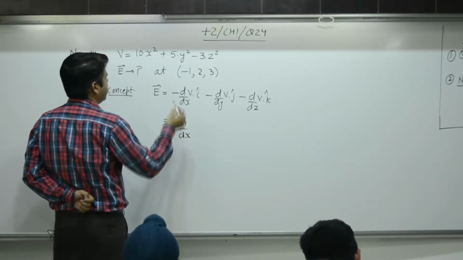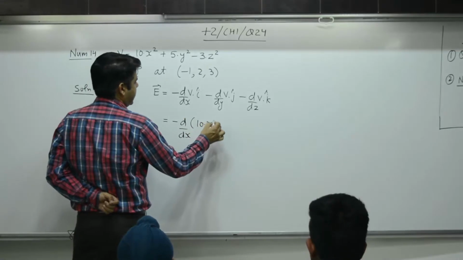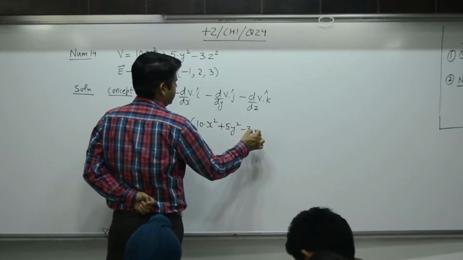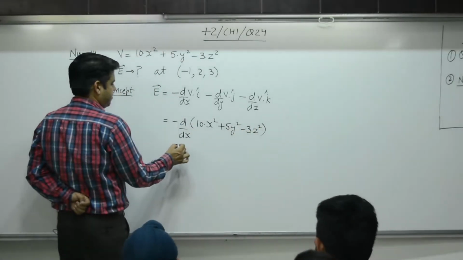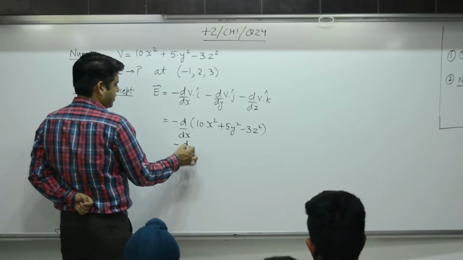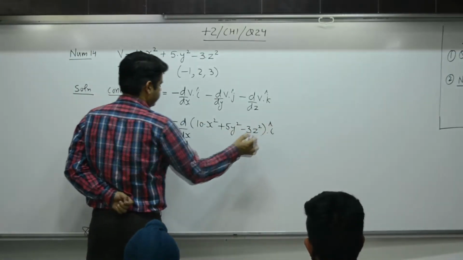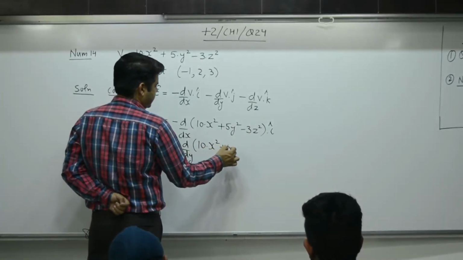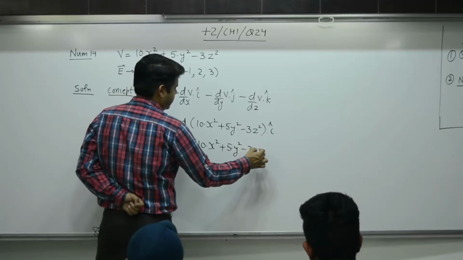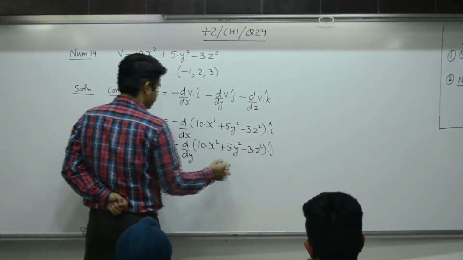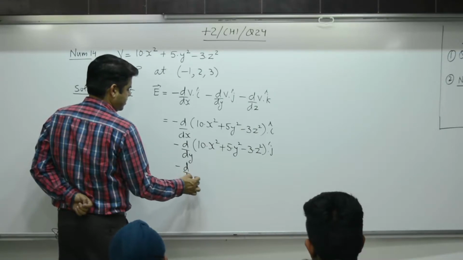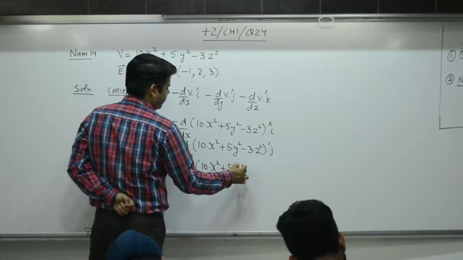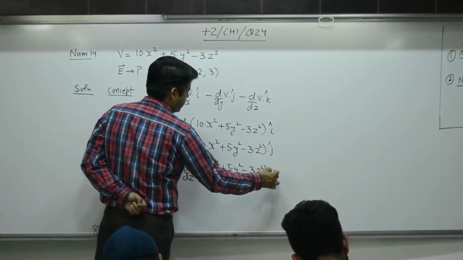Minus ddx of 10x square plus 5y square minus 3z square i, then ddy of 10x square plus 5y square minus 3z square j minus ddz of 10x square plus 5y square minus 3z square k.